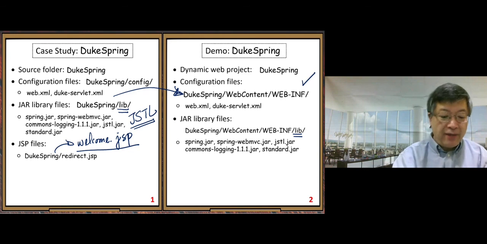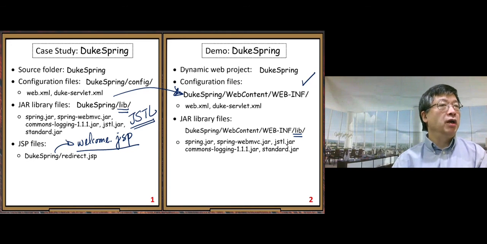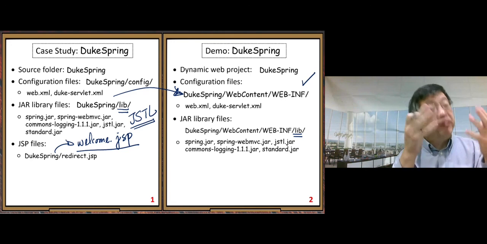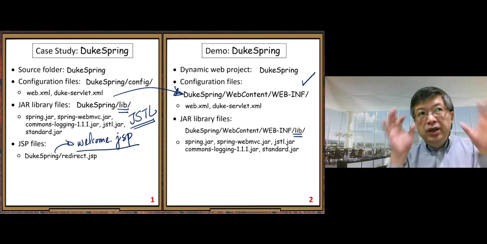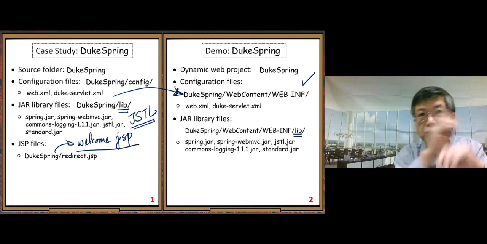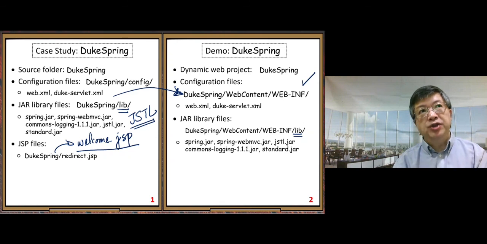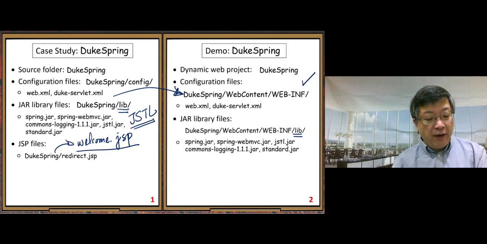Then this welcome file will redirect to the controller, so the model data is prepared, if there is model data. In this one, we don't have model data, but we need to do some special preparation. In the next video, I will explain that preparation part. All right, so that's the first JSP file.